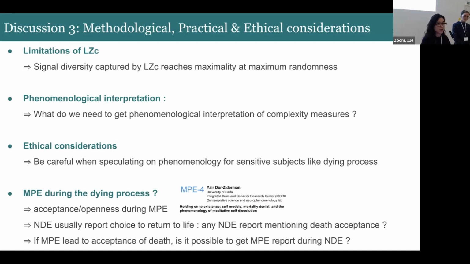So if one of you has an idea, that would be great. It's also important to keep in mind the ethical considerations because we are dealing with really, really sensitive states. We don't want to speculate on any phenomenology because there are also families involved in this process, so we don't want to say anything that we are not absolutely sure of.